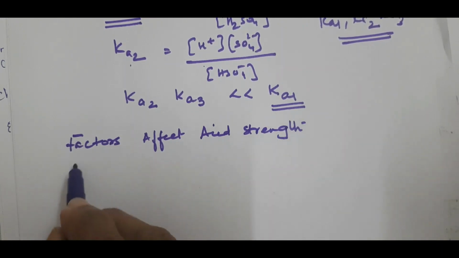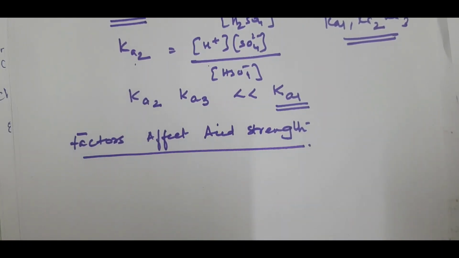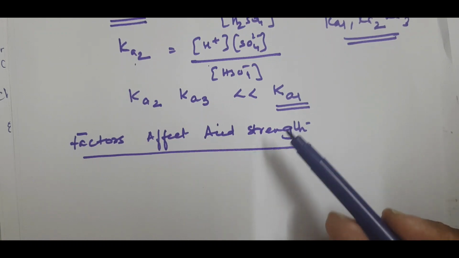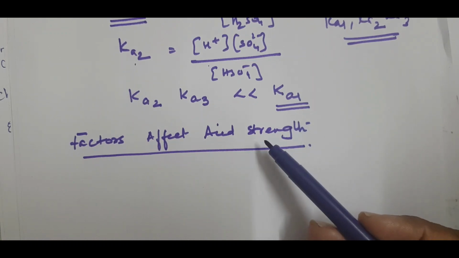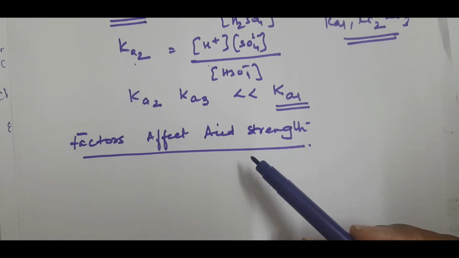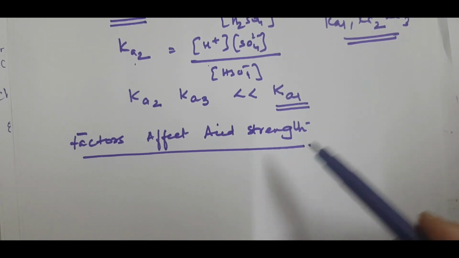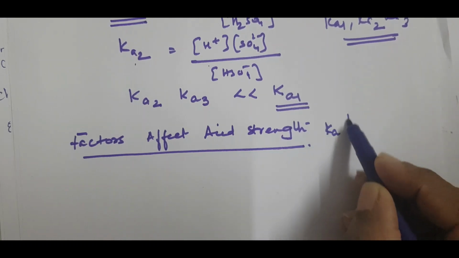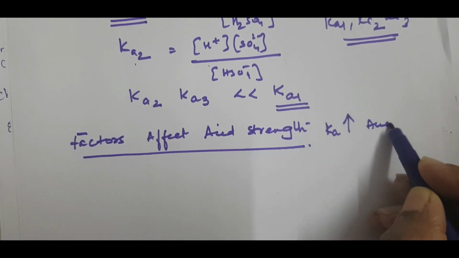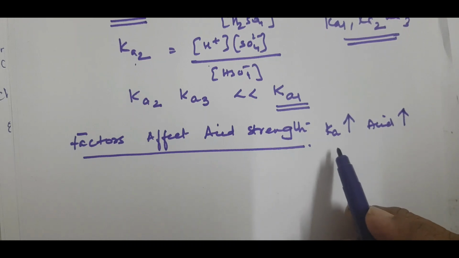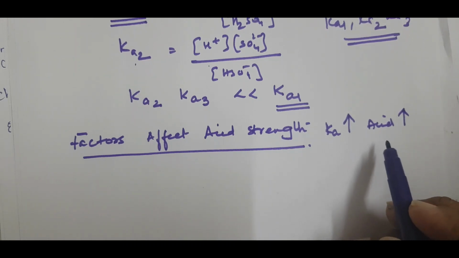We know the most common factor regarding acid strength is the ease with which a molecule can donate a proton. The easier the molecule donates a proton, the higher the acid strength. Or in simple terms, if Ka is higher, acid strength is also higher. So greater the value of Ka, greater is the acid strength.